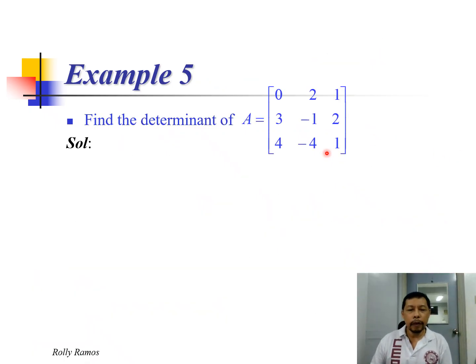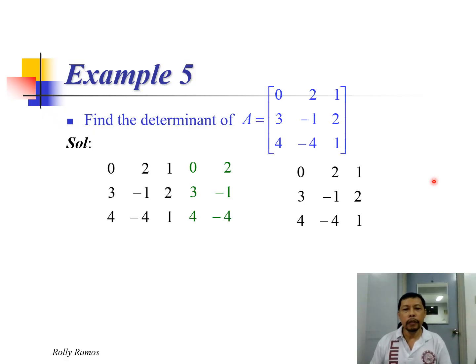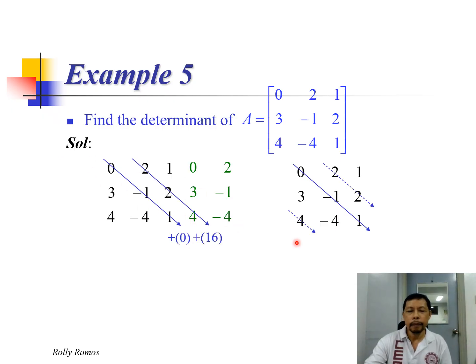Another example, find the determinant of A, which is a 3 by 3 matrix. Using the shortcut method, we simply rewrite the first two columns, 0, 3, 4 here, and the second column, 2, negative 1, negative 4, append it to the original matrix, and then take the product of the elements along these diagonals.